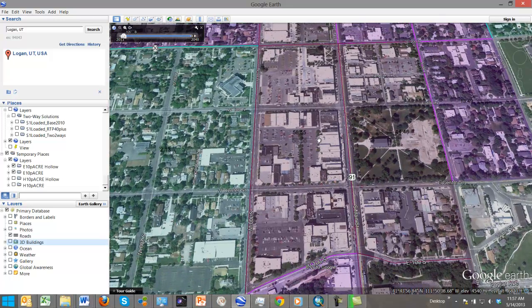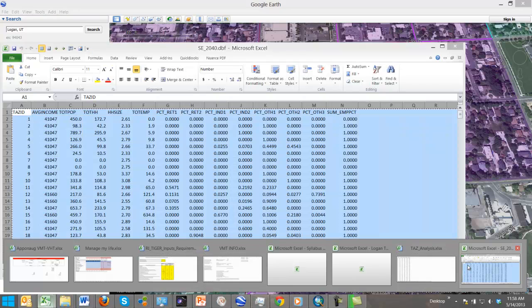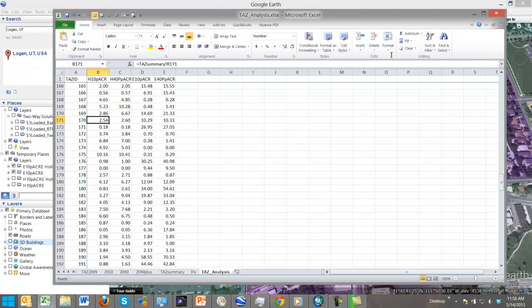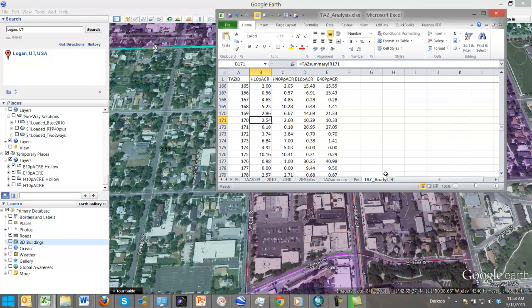So that's one thing to think about. We're going to do what's called a floor area ratio, and it's going to be a rough guess because I don't have the right tools in my free version of Google Earth to do this, but I have some tools that can get me close enough. So I want to go back to the Excel spreadsheet that we've been using, and I'll minimize that so we can see it.